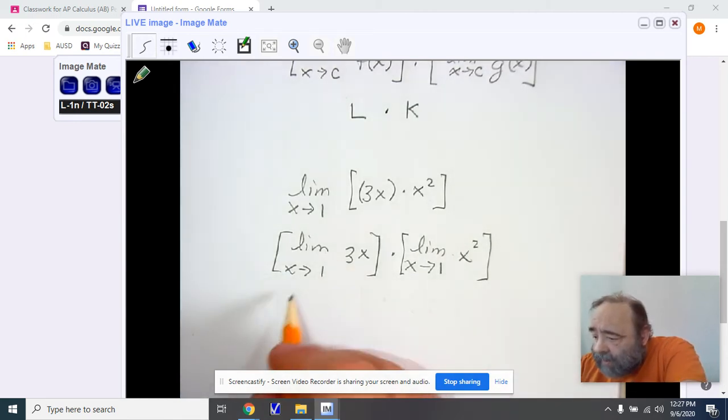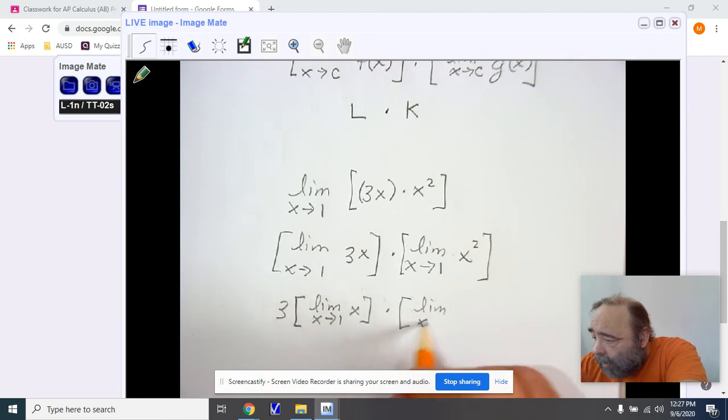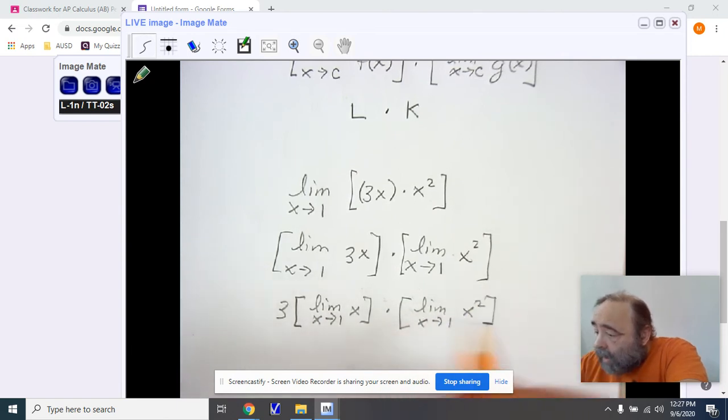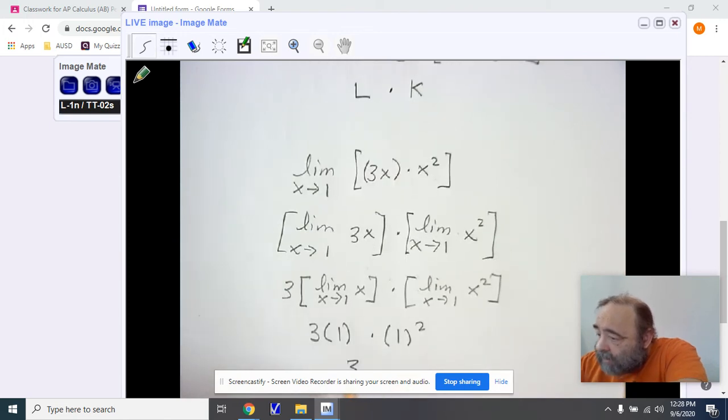I'm now going to take my scalar, which means that the 3 comes out. And then I multiply by the basic rule of x. This one is just our basic rule of our power of x, x squared. We know this is just 3 times 1, and we're multiplying by 1 squared. Our answer is simply 3.